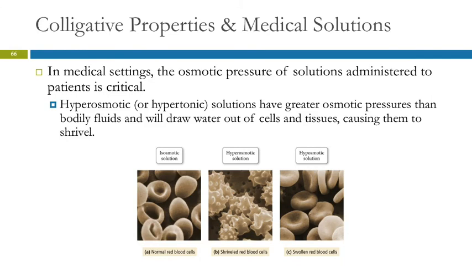Hypoosmotic is the concentration is too low. What you want is isoosmotic. Just the same. There's still water moving back and forth through the semi-permeable membranes, but the rate at which it goes is equal in both directions, and so your blood cells don't swell or shrink.